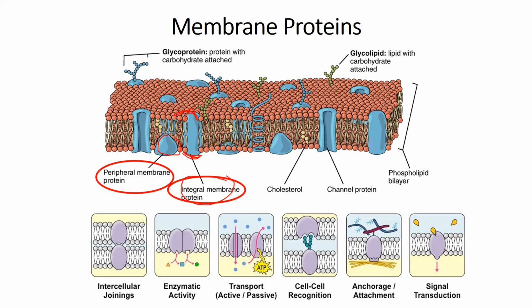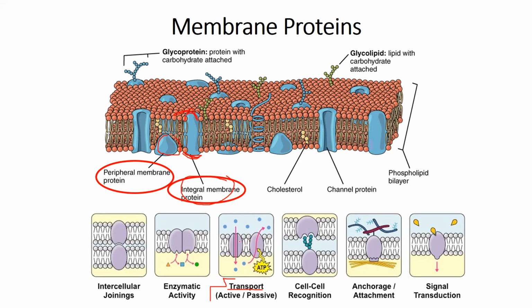Some of these proteins help or facilitate the transport of materials that cannot pass the membrane easily. We said that certain molecules, like oxygen and carbon dioxide, can pass the lipid bilayer easily, while other things, as we will learn in a second, like sodium, potassium, charged ions, don't pass the membrane.